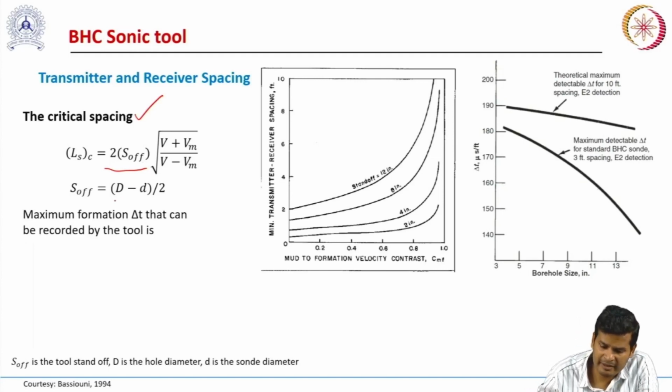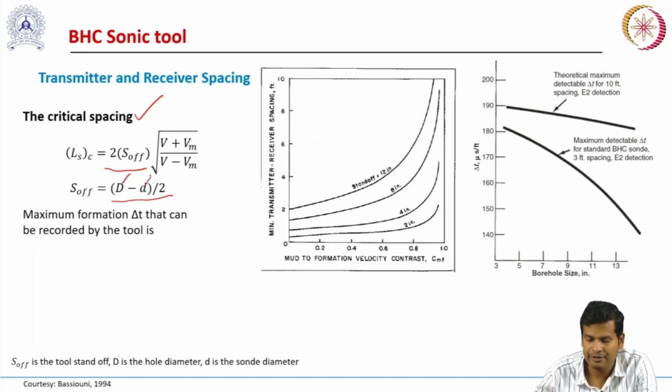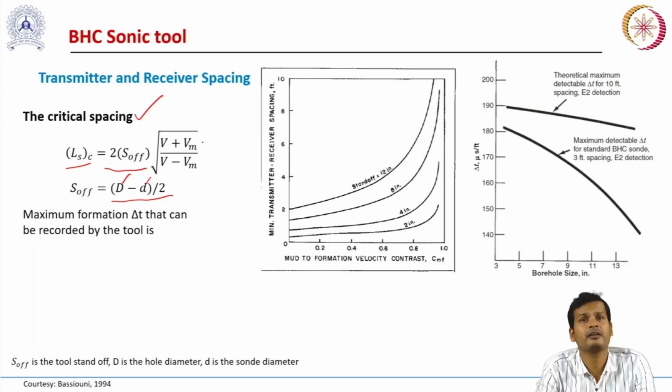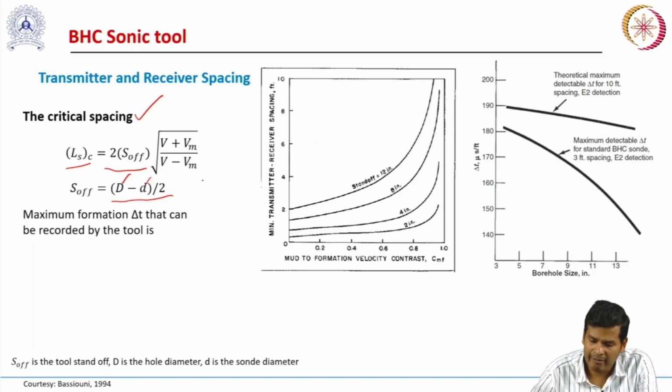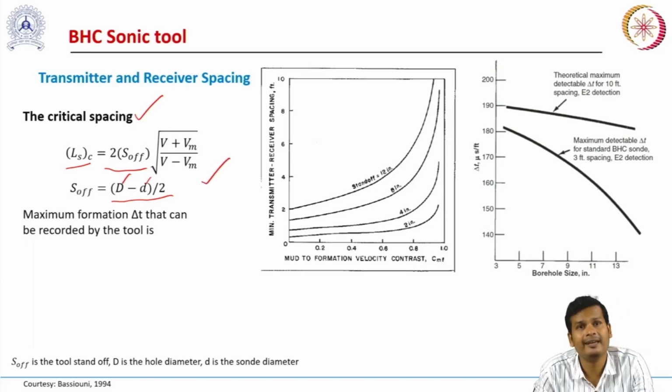This is given as (D minus d) divided by 2, where D is the hole diameter and d is the tool diameter. So the critical spacing is 2 times the standoff multiplied by the square root of (V plus Vm) divided by (V minus Vm), where V is the compressional wave velocity inside the formation and Vm is the compressional wave velocity inside the mud. You can calculate the critical spacing in this way.